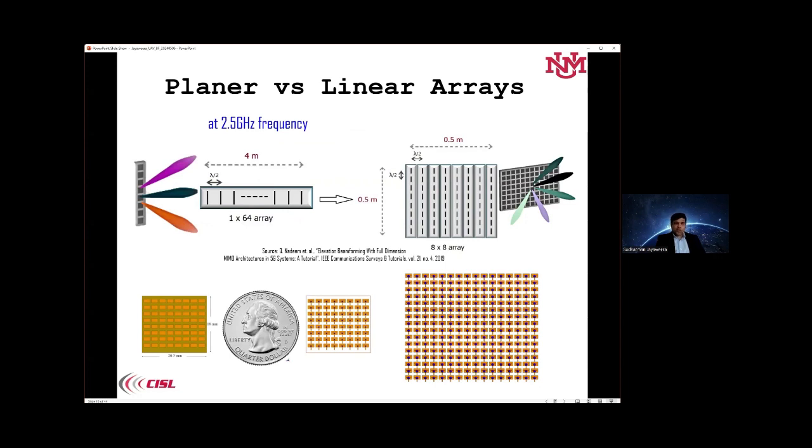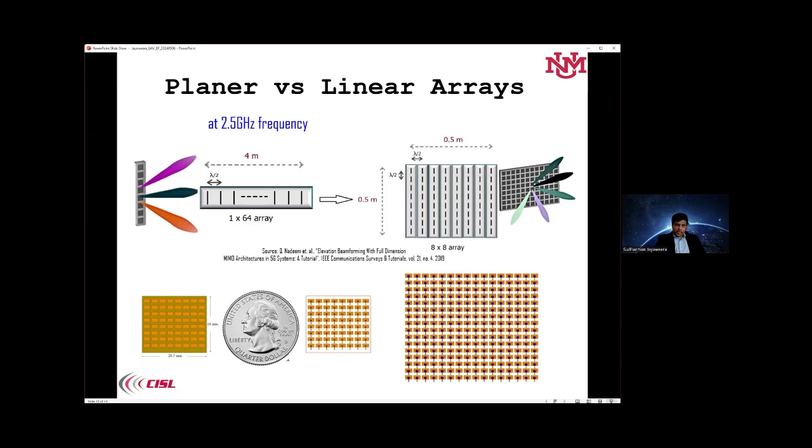But of course, if you go to millimeter wave frequencies, the wavelength is smaller, so the inter-element spacing that you need to avoid the grating effects in antenna combining is reduced, which means that actually you can have a much larger number of antenna elements packed into a very small size antenna array.